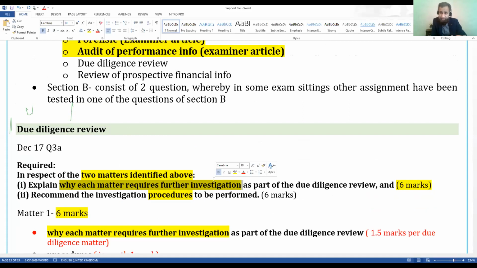Are you getting my mindset here? Look at the scope. Is that clear? Let's start reading the 2 matters.